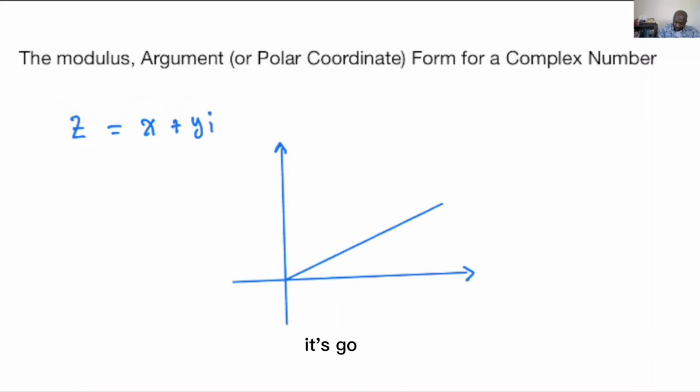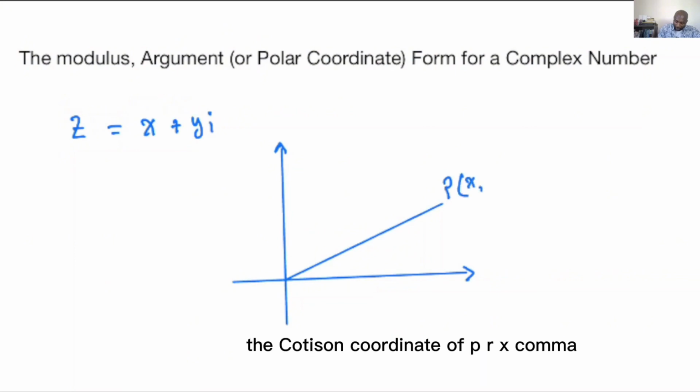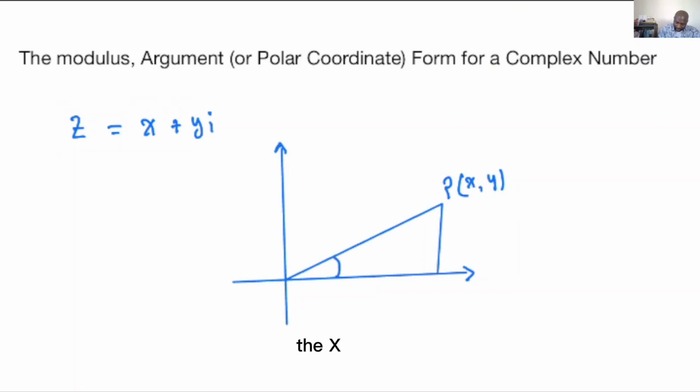It's going to look something like this. And this is P. The Cartesian coordinates of P are x, y. And the angle between the x-axis and the line is, let's call it theta. So this is x, this is y, and that is r.